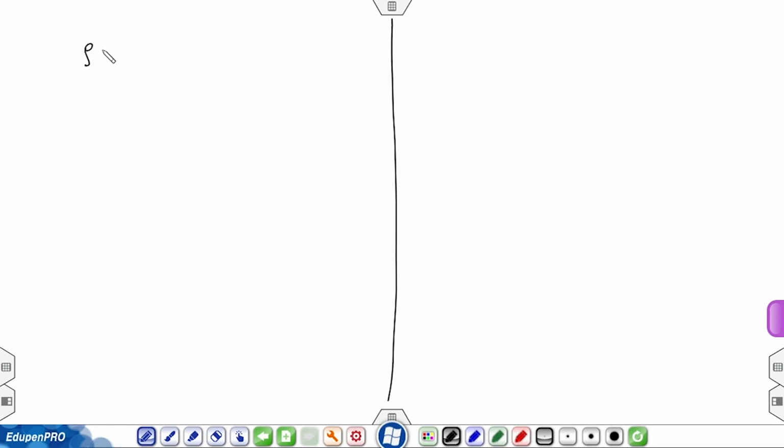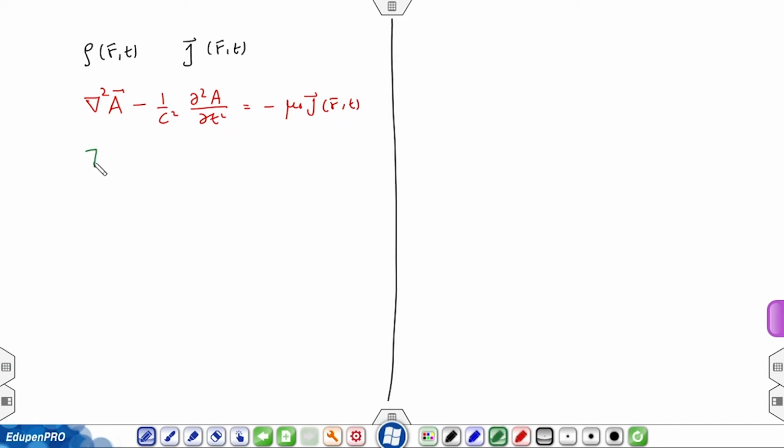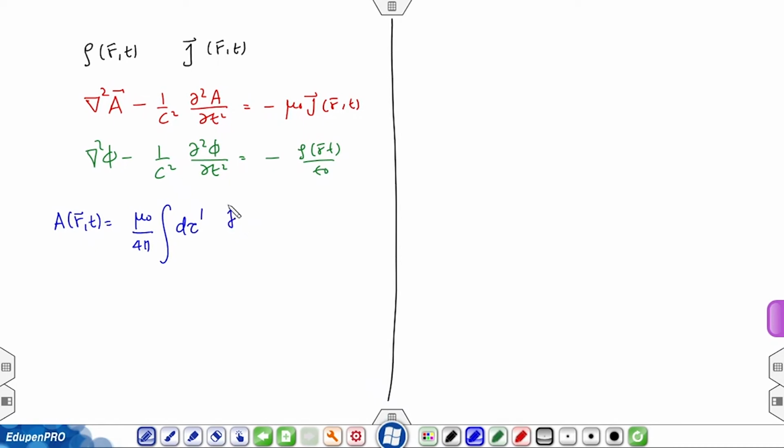So, given this source rho(r, t) and j(r, t), the solution of the wave equations for the vector and scalar potential is A(r, t) equals mu 0 over 4 pi integration d tau prime j at r prime at time t minus |r minus r prime| over c, divided by |r minus r prime|.